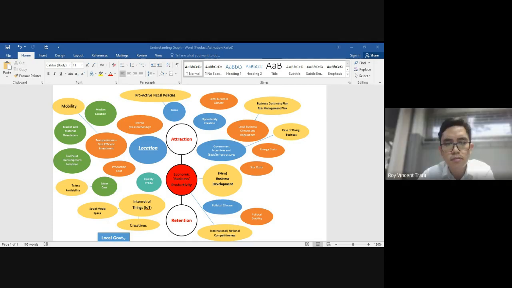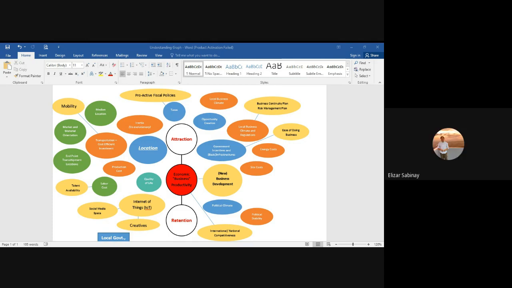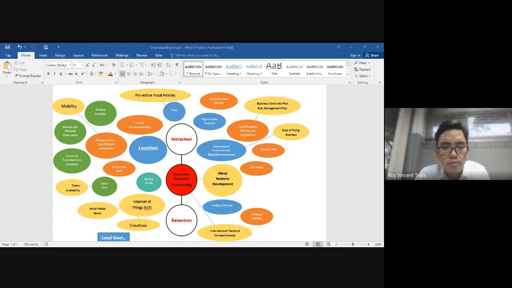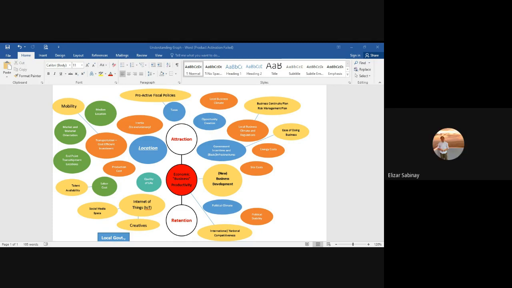But in our generation now, because of fast development, there is what we call a new business or business development department in every business or corporate world. They don't just attract business, they don't just retain business. They go to areas where they can do business. That's how new business development works.